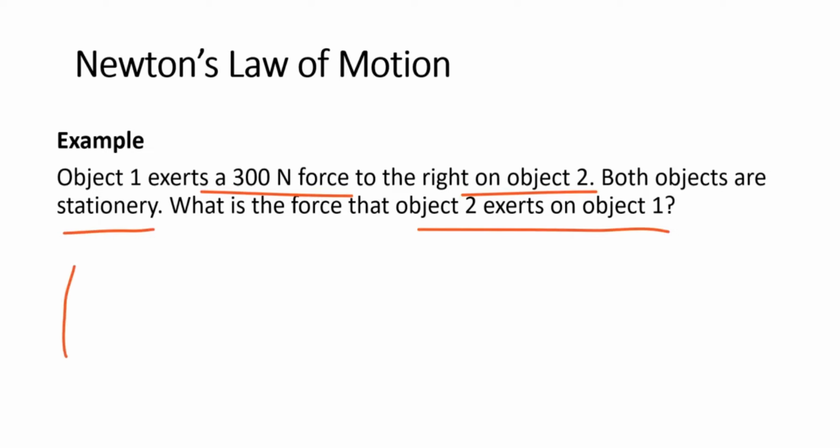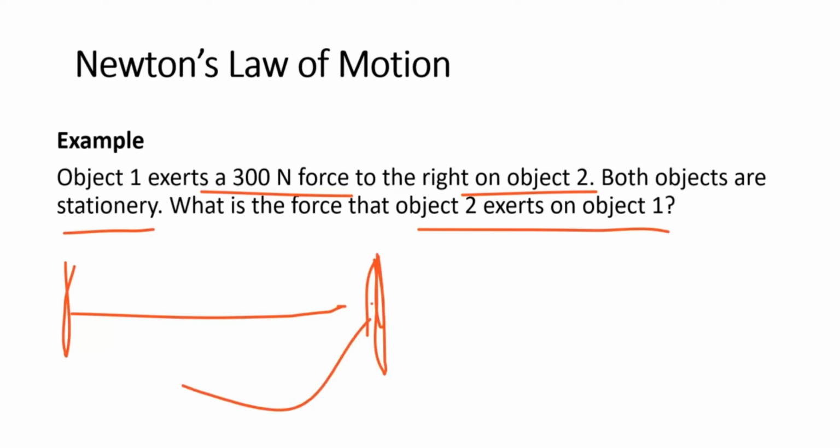Because if these objects are both stationary, like mentioned, and object 1 exerts a 300 Newton force to the right of object 2, then object 2 also exerts the same 300 Newton force to the left of object 1.